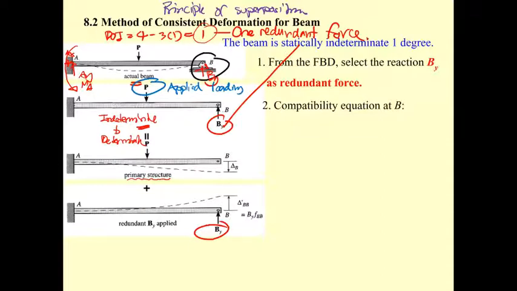Under this application, you use the previous knowledge from the previous chapter. The elastic curve of this portion is going to be curved, and the other portion is going to be a straight line. You may demonstrate this by using your ruler.